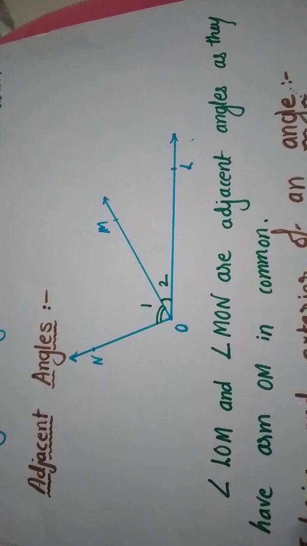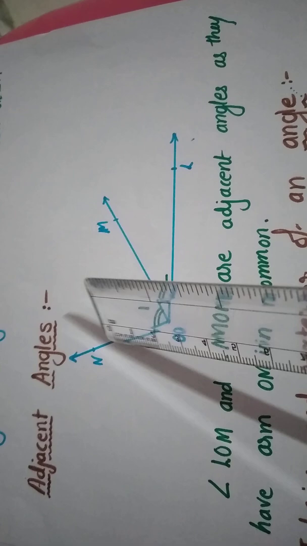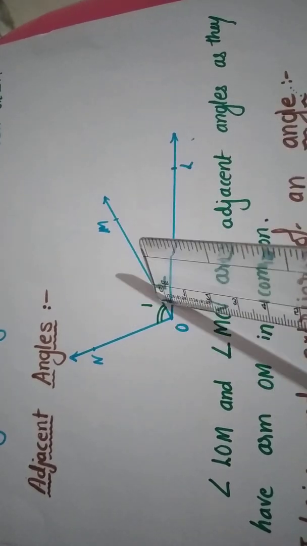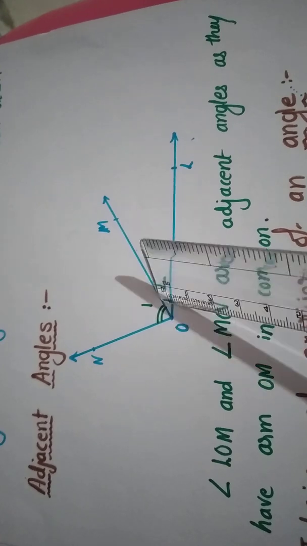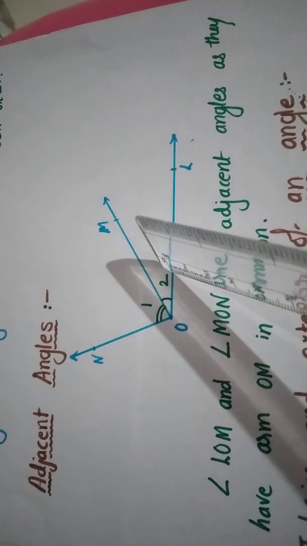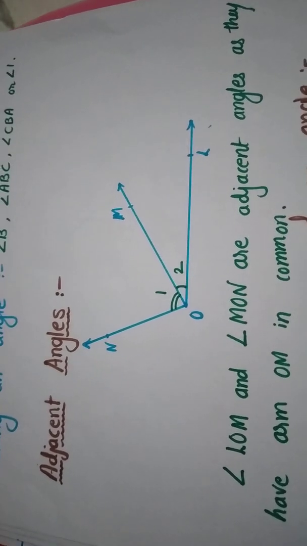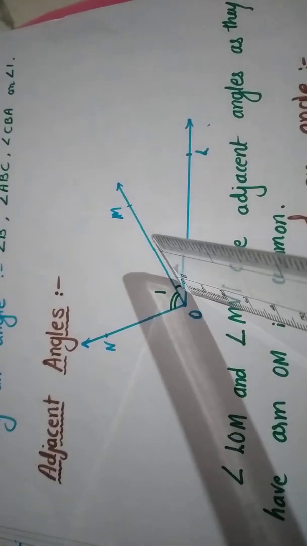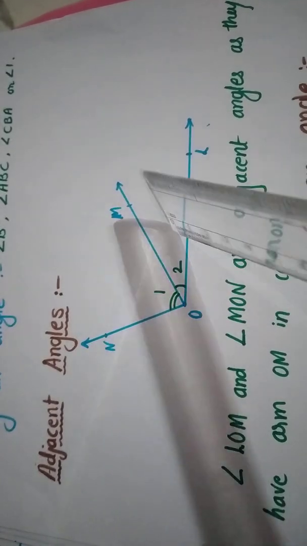So let us see some different types of angles, that is adjacent angles. So what are adjacent angles? See here. Here two angles are shown, one by a single line and one by a double line. So these two angles are adjacent angles of each other. Why are they called adjacent angles? If two angles have a common arm, then these two angles are called adjacent angles.